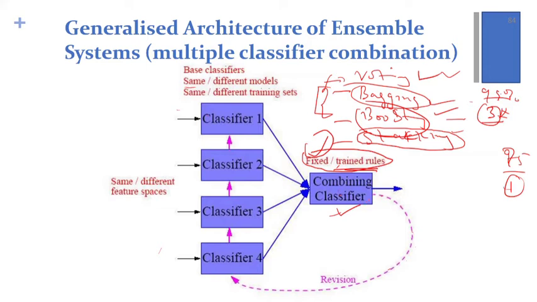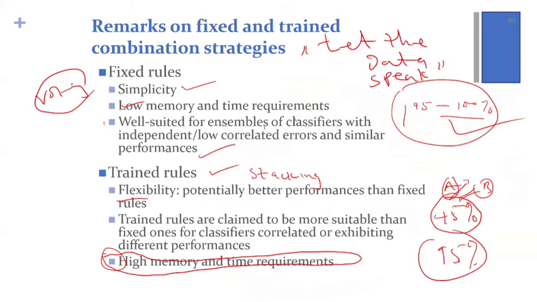In fact, sometimes you might need to do parameter optimization here, in which case you train SVM and see the output, train another one, KNN, train another one, maybe decision tree, to see which of them will help you do the combination in a better way. So we're going to spend a lot of time because it's like double training, double testing at different levels of the ensemble development. So it will consume high memory and time.